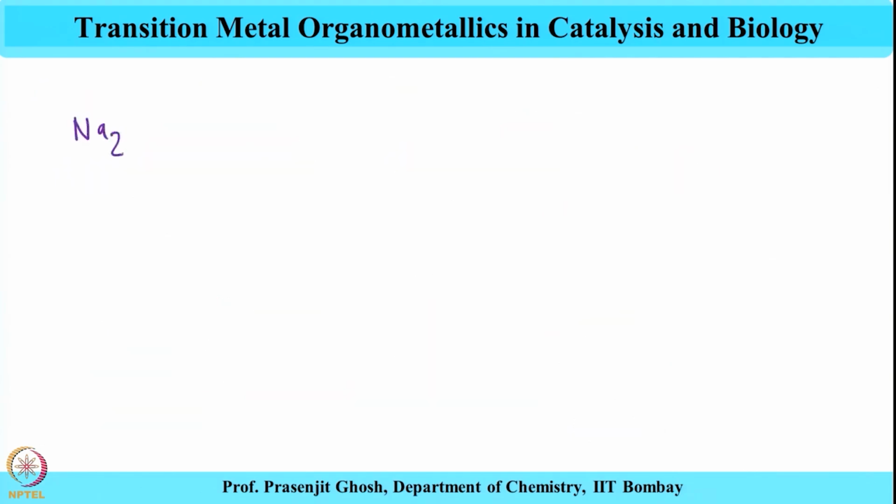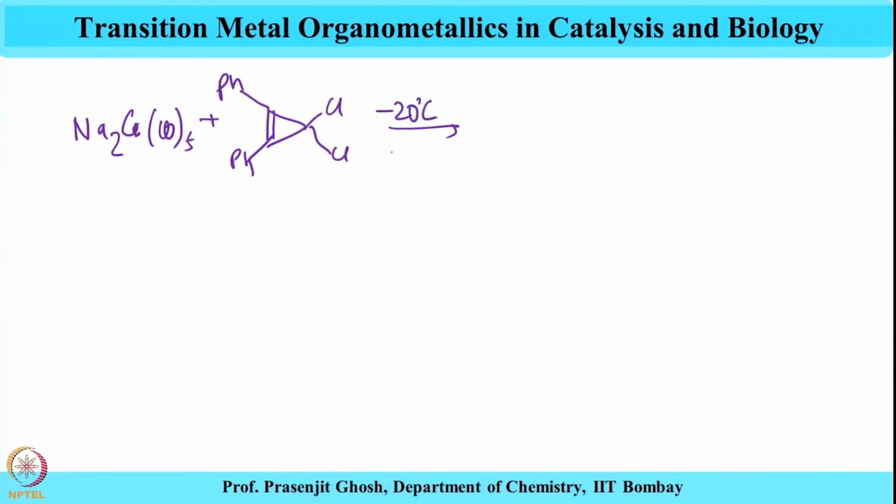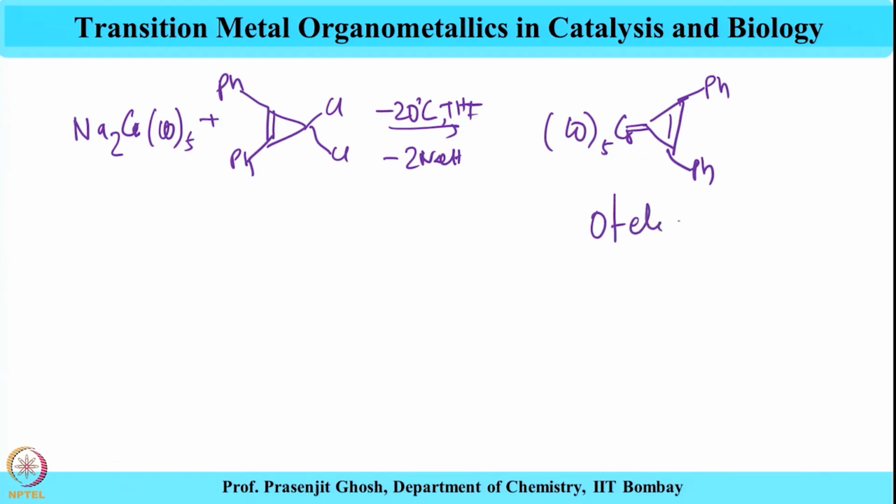It started with Na2 metallate, Cr(CO)5, plus this cyclopropane dichloride, at minus 20 degrees centigrade, with loss of NaCl in THF, giving the corresponding Cr(CO)5 carbene complex as is shown over here, and this was reported by Öfele in 1968.